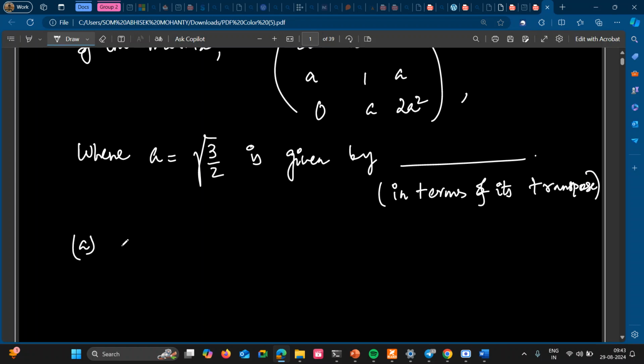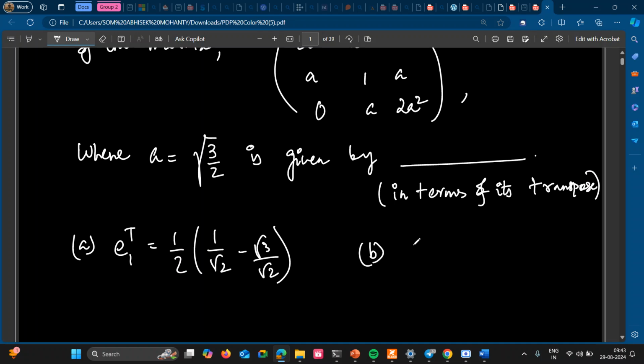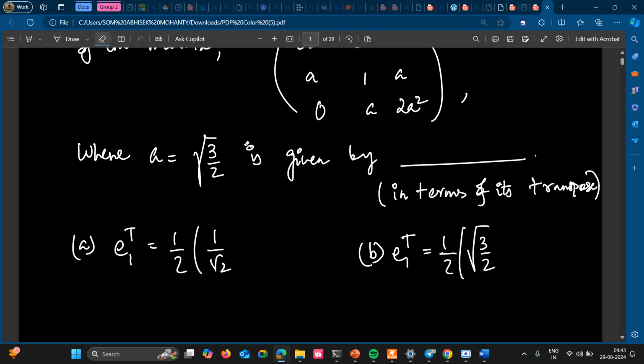Option A is E1 transpose equal to 1 by 2 (1, root 2, 1)... sorry, I'm writing in terms of matrix, so it should be with a minus, I got confused myself.